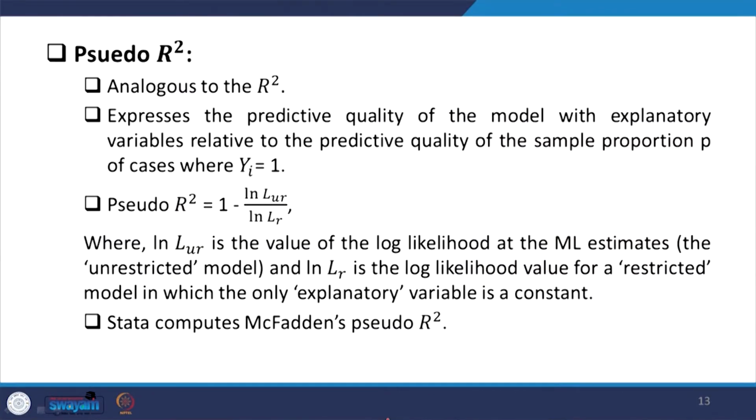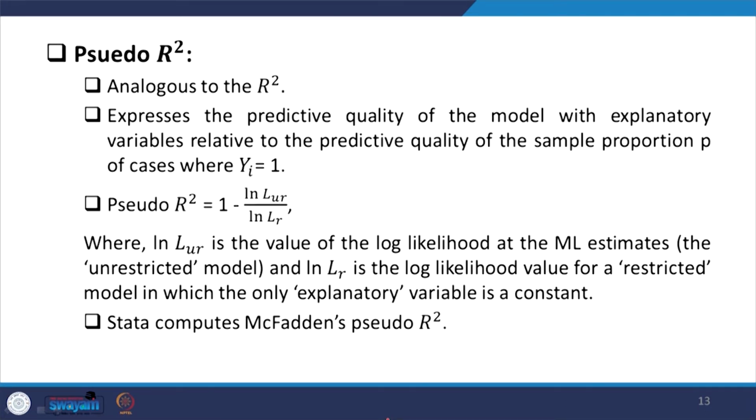It expresses the predictive quality of the model with explanatory variables relative to the predictive quality of the sample proportion of cases where y is equal to the success, that is 1. So, pseudo R-square in this case, using the likelihood ratio, basically takes the log likelihood of the unrestricted and the restricted model. Pseudo R-square is equal to 1 minus log of likelihood of the unrestricted over log of likelihood of the restricted, and in the numerator it is unrestricted.